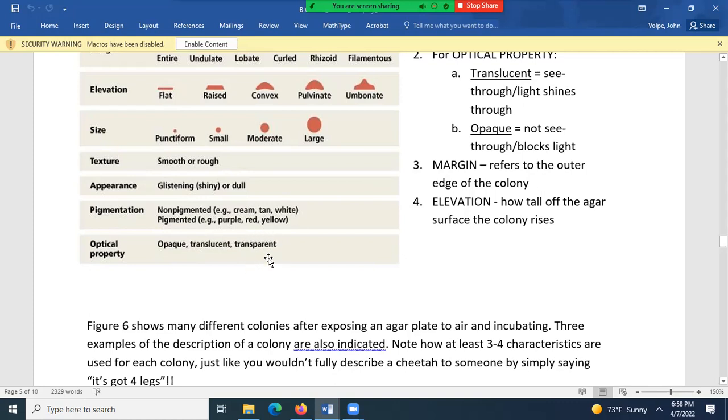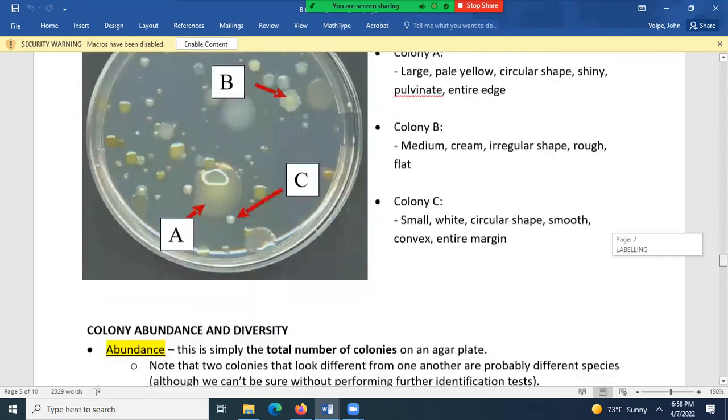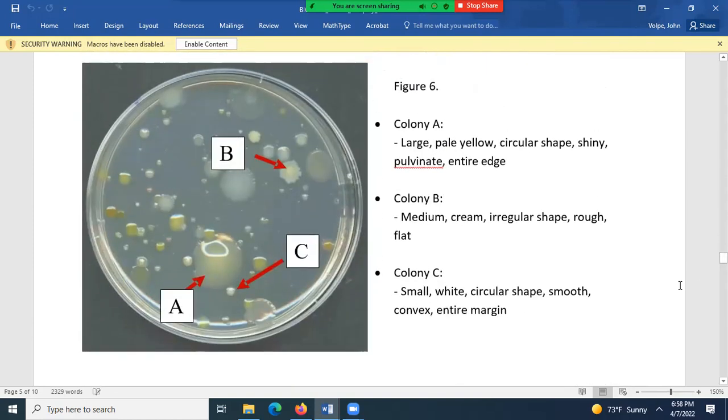Very few colonies are transparent. When we come down here, most of these colonies are opaque. That one's opaque, that one's opaque. This one on the edge there is translucent. In this region I would say it's opaque, but on the edge here, it's translucent. Any questions about any of that? And I don't have any transparent colonies.